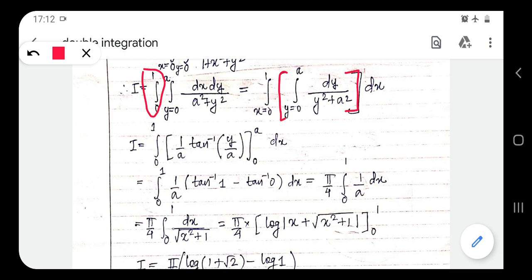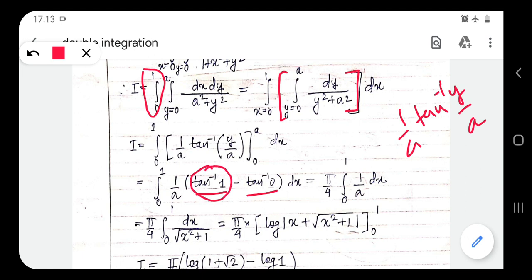So integration of dy upon y square plus a square is 1 upon a tan inverse y upon a. So this is what I have written, and its limit. After putting limits, put y is equal to a, so it becomes tan inverse 1, put y is equal to 0, tan inverse 0, dx.